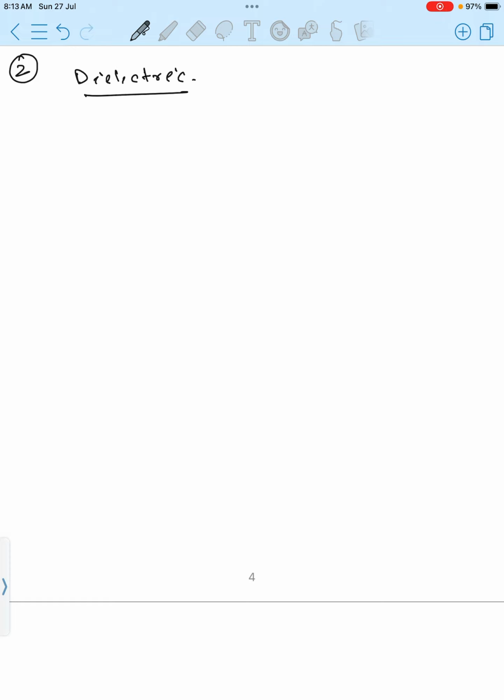We introduced this dielectric term during our high school classes, in 9th or 10th, or in plus 2 classes when we were discussing electrostatics. But briefly, this term should have come up whenever we talked about the parallel plate capacitor in our physics classes, in graduation or plus 2. So what is actually a dielectric?